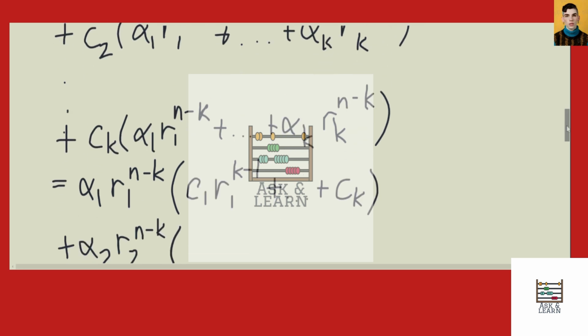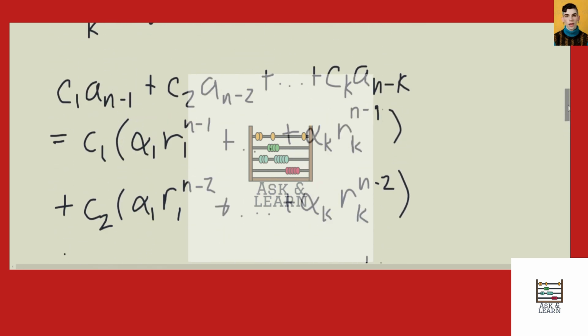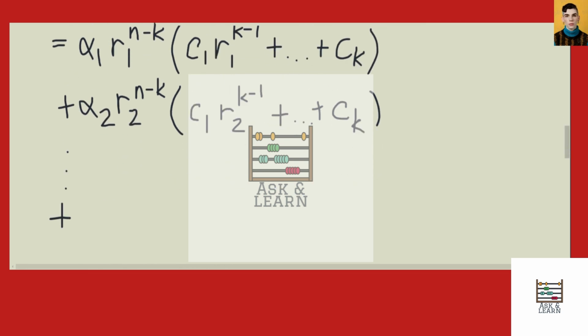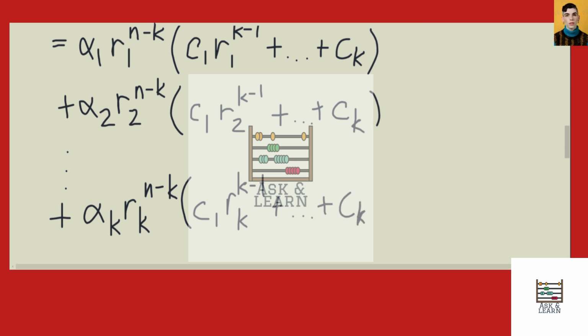We get that times c1 r2 to the k minus 1 all the way out to ck, and extending this all the way, if we factor out alpha k rk to the n minus k, we get times c1 rk to the k minus 1 until we get all the way down to ck.